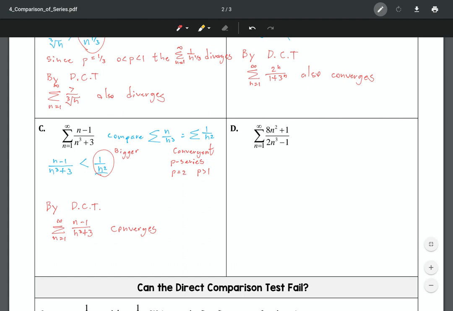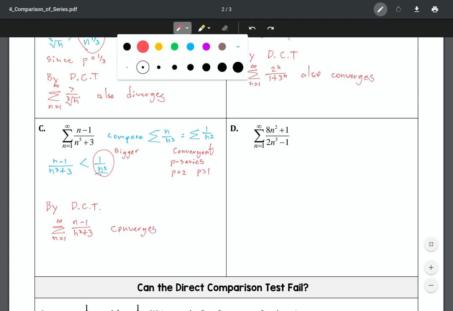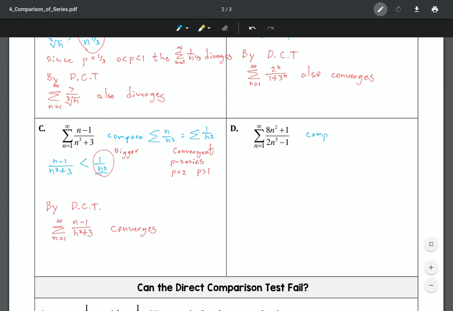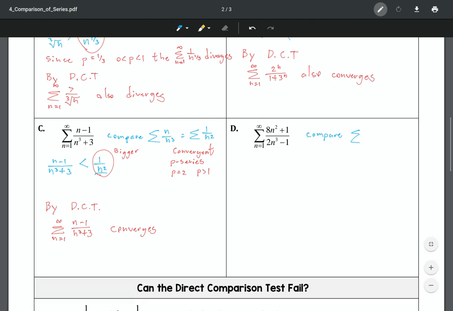Okay. All right, let's do example D. Now, to come up with a better comparison, kind of the same idea as the last one, I'm going to compare it to n squared over n cubed, but that's going to give me 1 over n, which is our harmonic sum. The power will be 1 here, which is important because I know this is going to be divergent, okay?